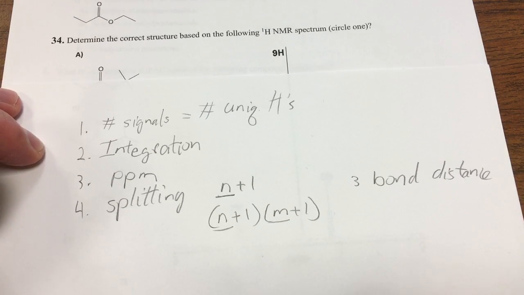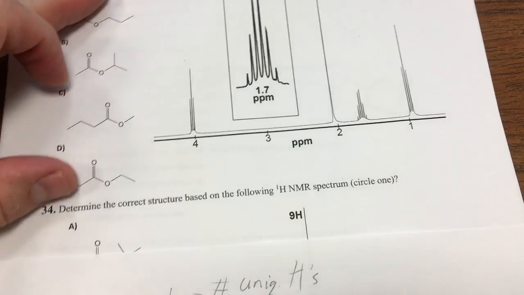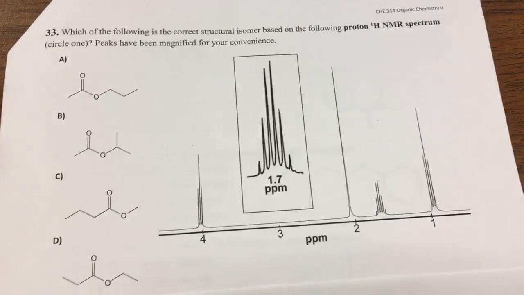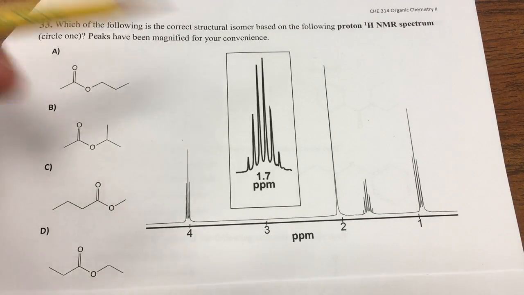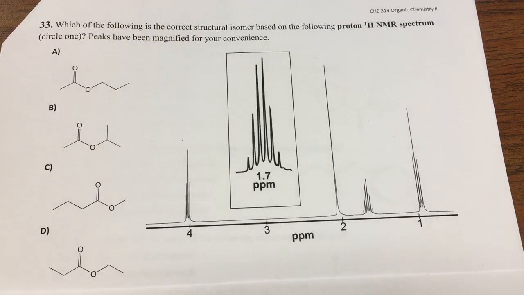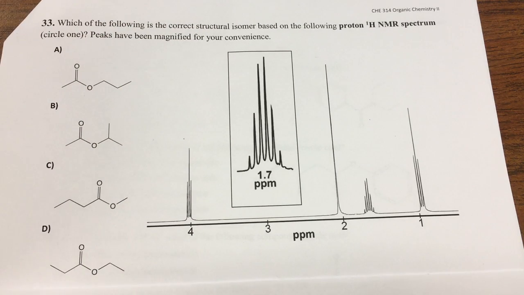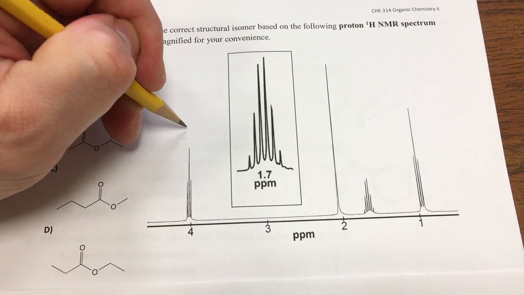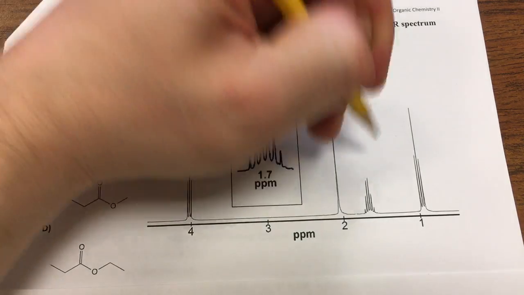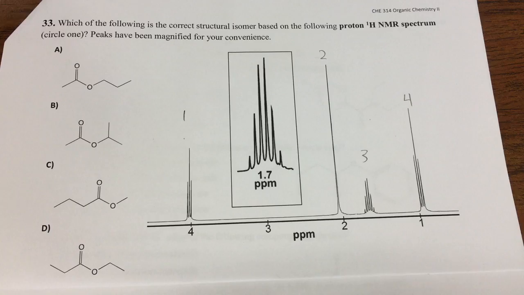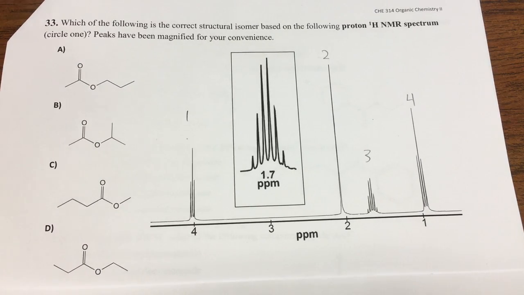Okay, so the first thing I'm going to look at with problem 33 is the number of signals. Here we have a blown up signal, which does occur on a lot of standardized tests, where they want you to see every single peak so you can see the unique splitting. But here we have 1, 2, 3, 4 different types of signals.